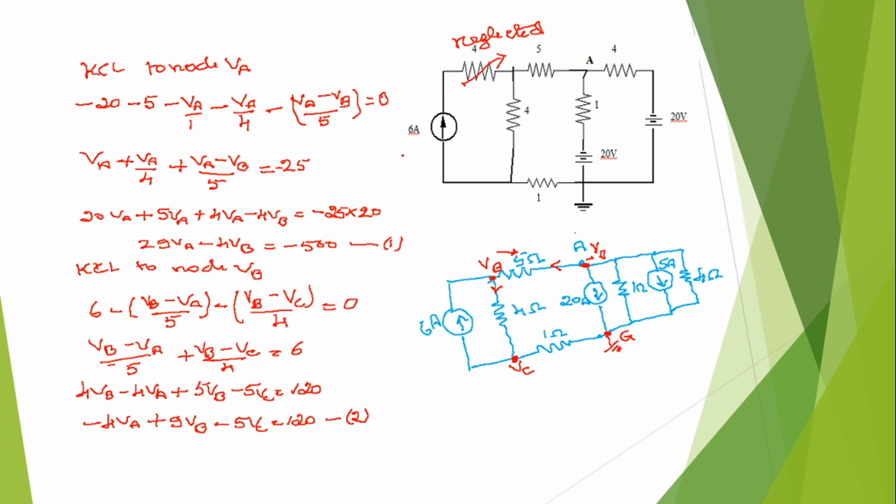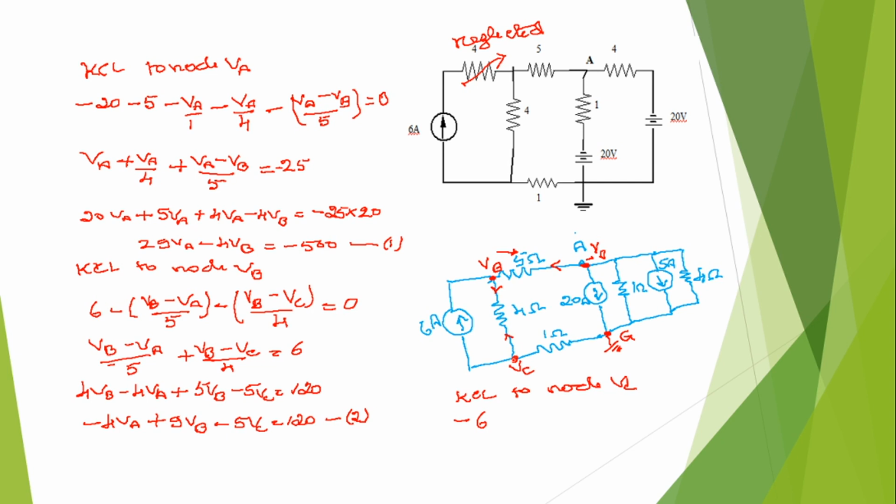So equation 1 is obtained by applying KCL to node VA, equation 2 by applying KCL to node VB. Now apply KCL to node VC. By applying KCL to node VC, which are the elements connected to this? These 3. As this source current is outgoing current, it is minus 6. And current from VC to VB I am assuming, because VC is of the higher potential every time I am assuming.